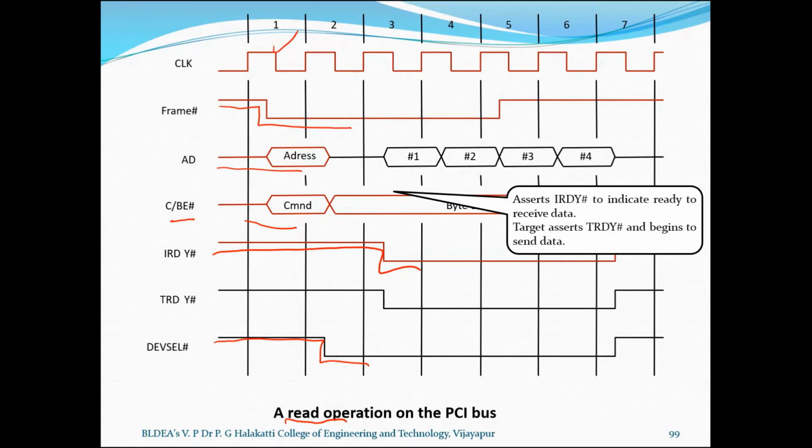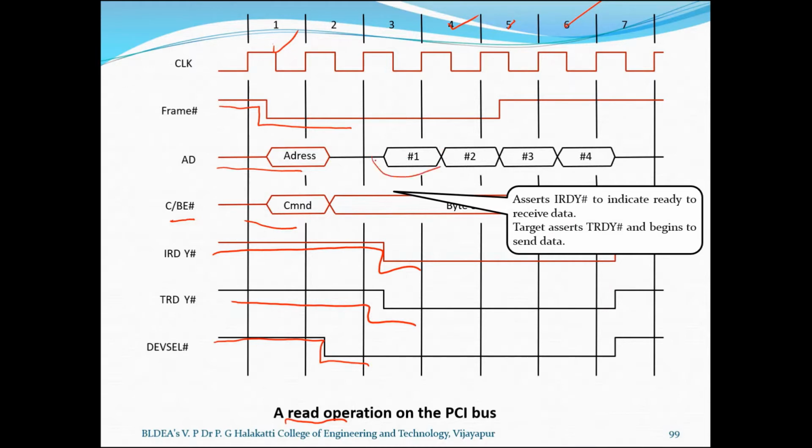If the data is ready, the target will make its target ready signal, TRDY#, low, and sends a word of data. The initiator loads the data into its input buffer at the end of the clock cycle. Next, 3 words of data are sent by the target during clock cycles 4, 5 and 6.